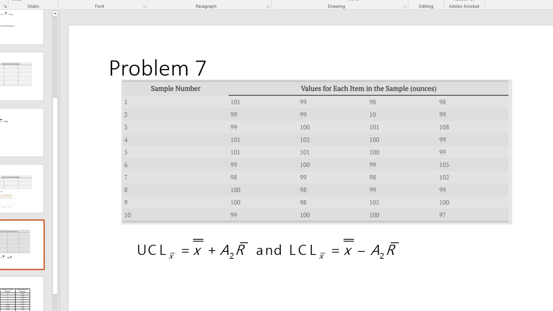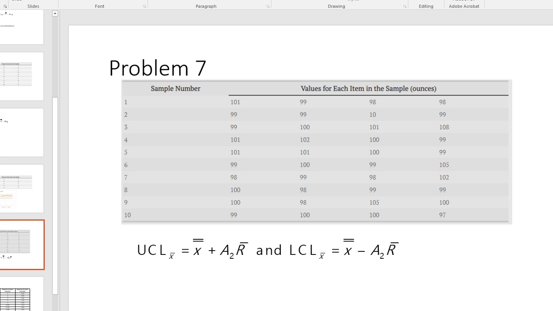We use the same way to calculate it, and we found it equals 97.725. So this is the average of sample averages, and according to the table we will be able to know the value of A2 because the sample size is 4.